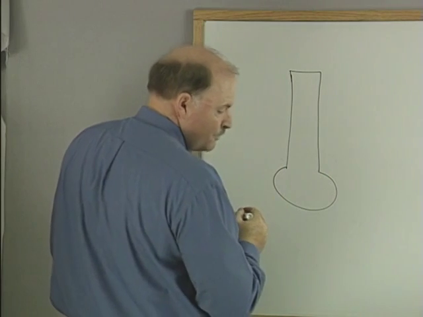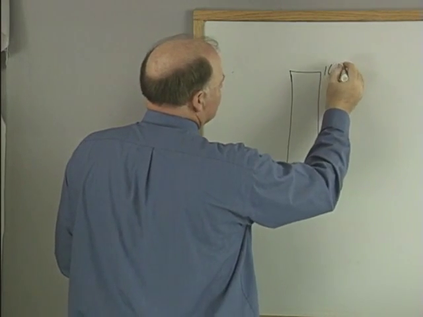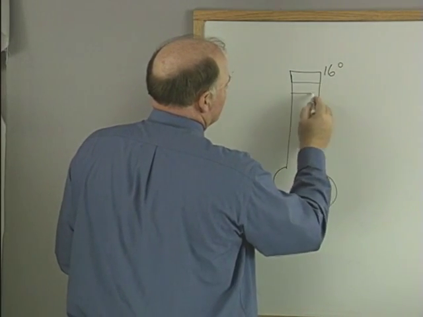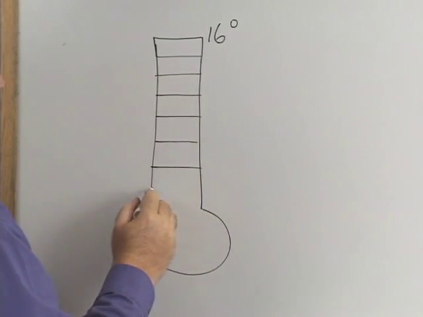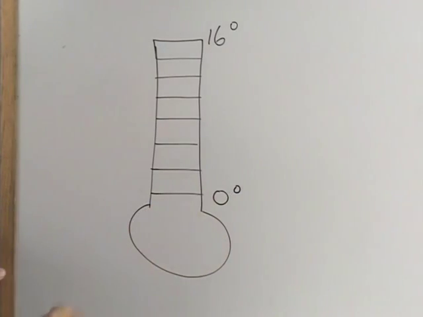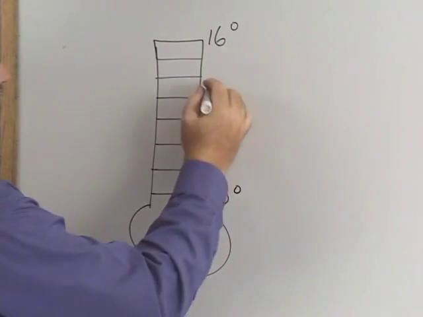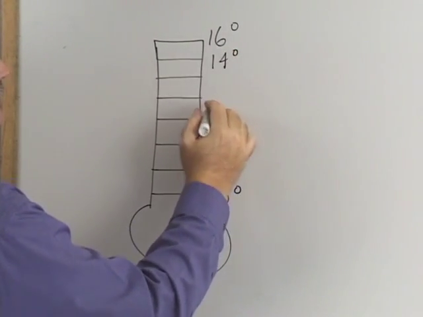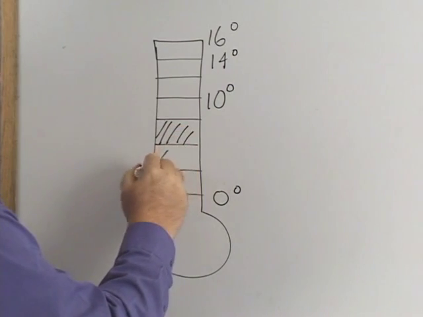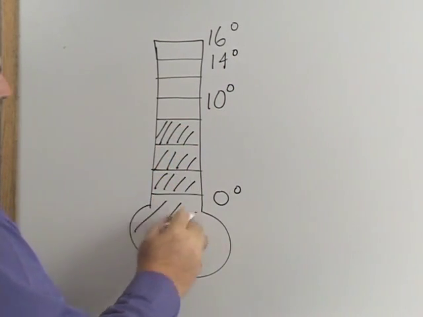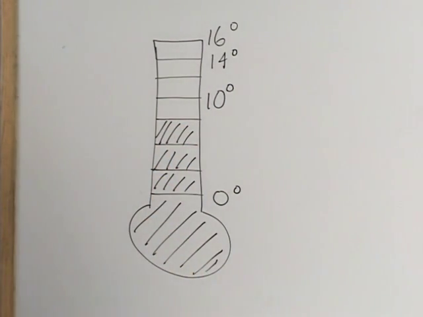And it goes up to 16 degrees, must be Celsius. And this is 0 degrees. And this is 14 degrees. And this is 10 degrees. And so what I want to know is, if it's shaded right up to here, how many degrees outside is it?